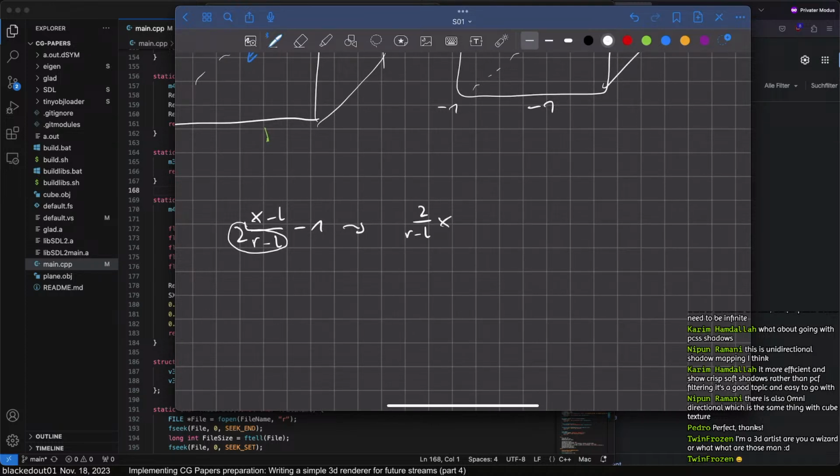And the offset now, for the offset, we have to look at this value here and this one. And to put this into one fraction, we can make a fraction out of this with the same denominator.